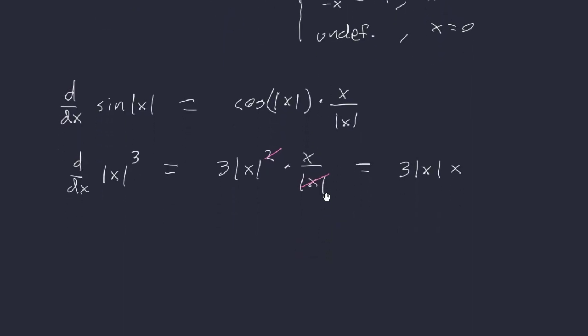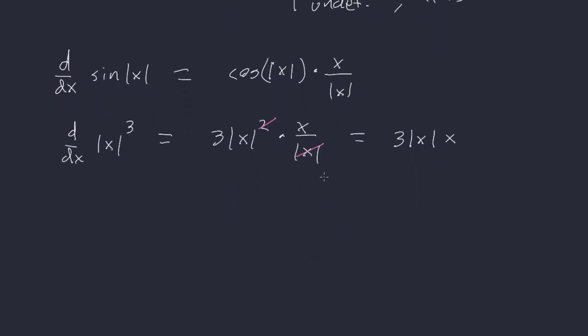All right, this can also lead us to the other way around, where if we have the derivative with respect to x of the absolute value of u, we'll get u over the absolute value of u times u prime. And this is still a sign type function.